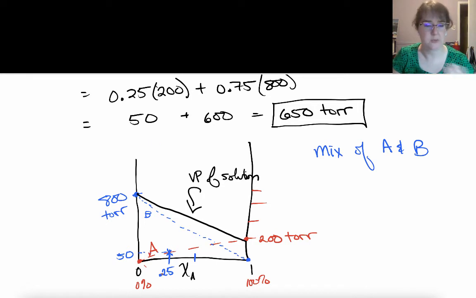So in a perfect world, the 0.25 mole fraction of A would be 50 torr.